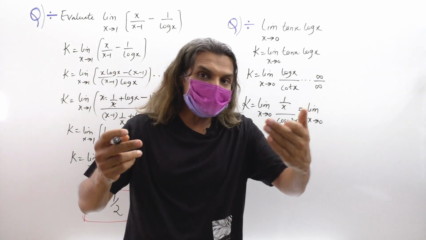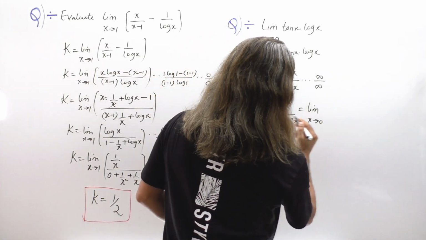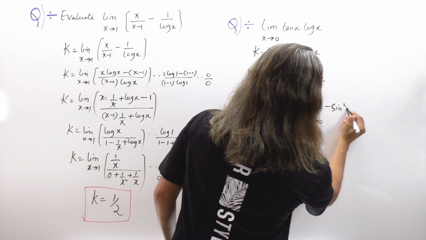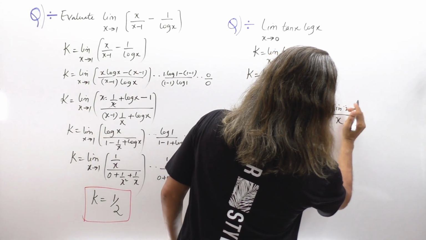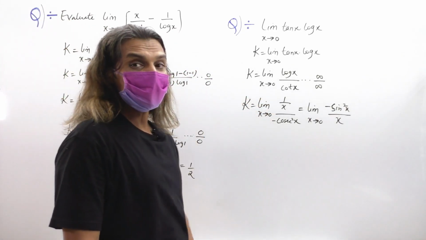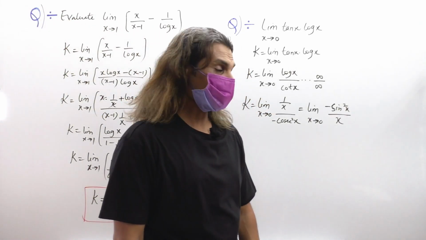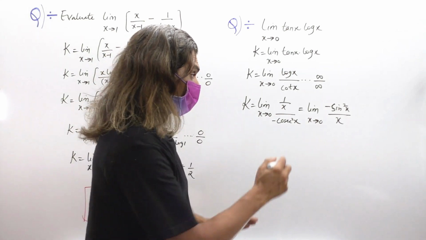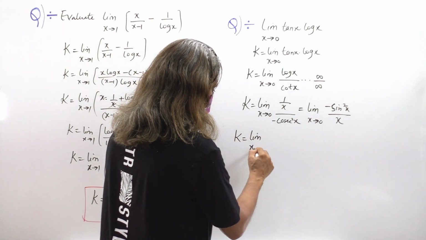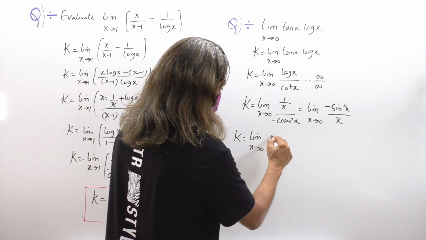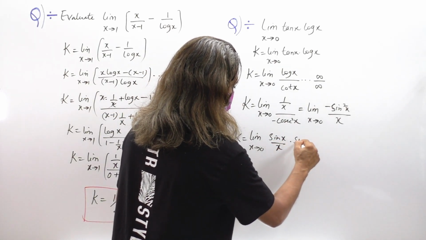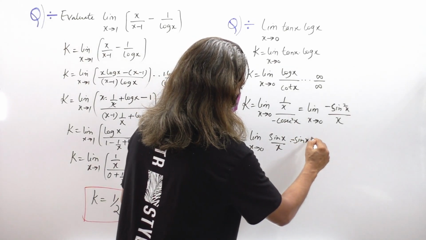So we can rewrite this as minus sine square x divided by x, as x tends to 0. Now we can again rewrite this as k is equal to limit as x tends to 0 of sin x by x into sin x, minus sin x.